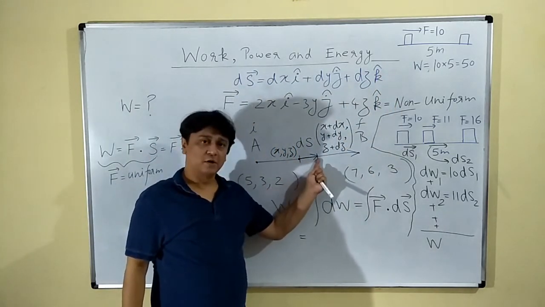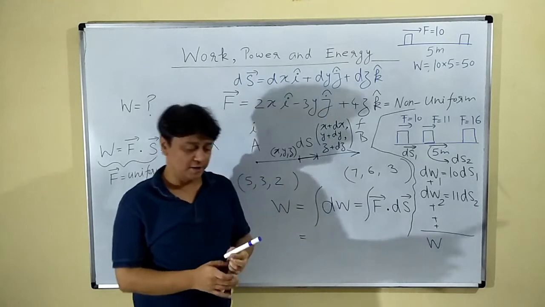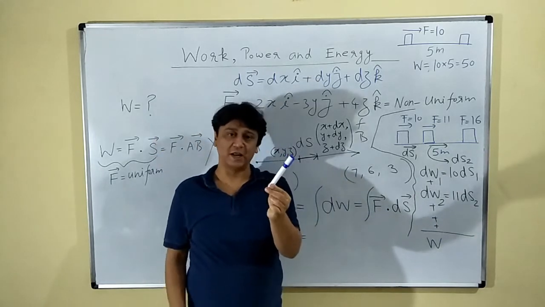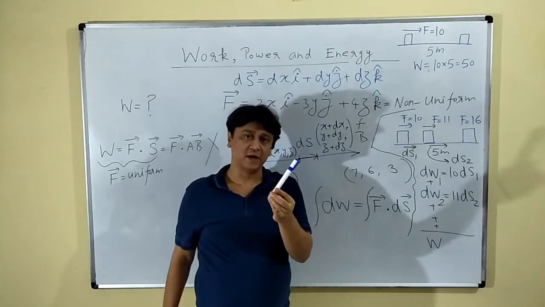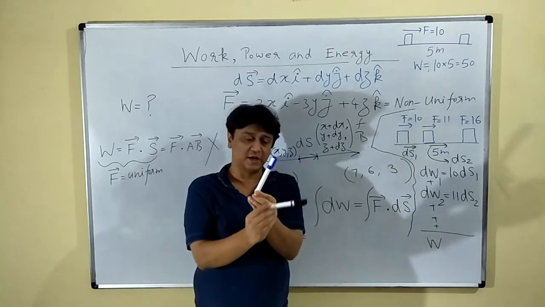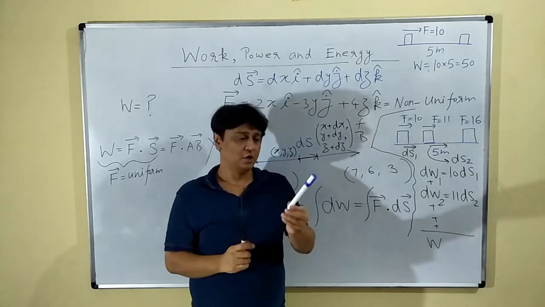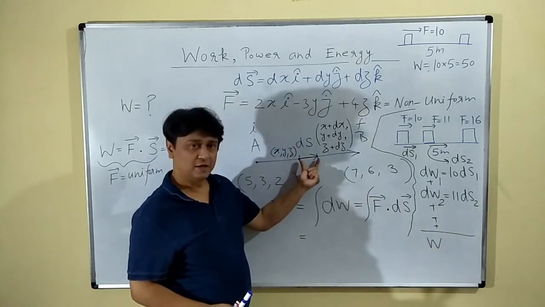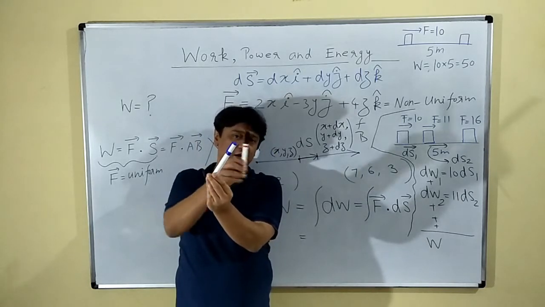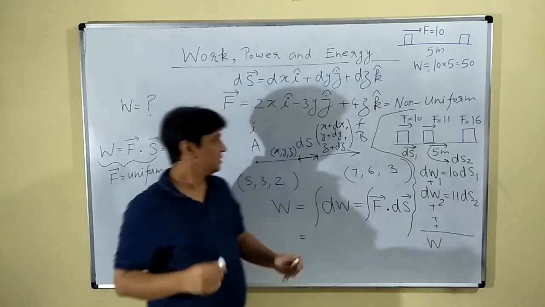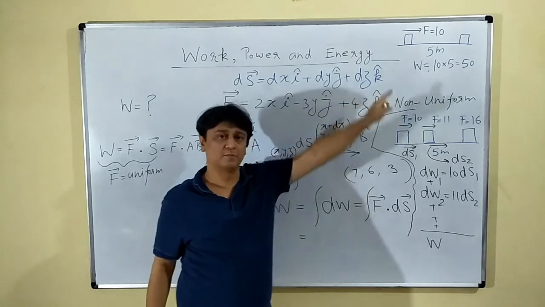From this point to this point, how do we represent this ds? By visualizing it. This is your ds, suppose a random ds. It is such a small displacement that its three components dx, dy and dz are also very small. So this ds in 3D has three components: dx i cap, dy j cap, dz k cap.